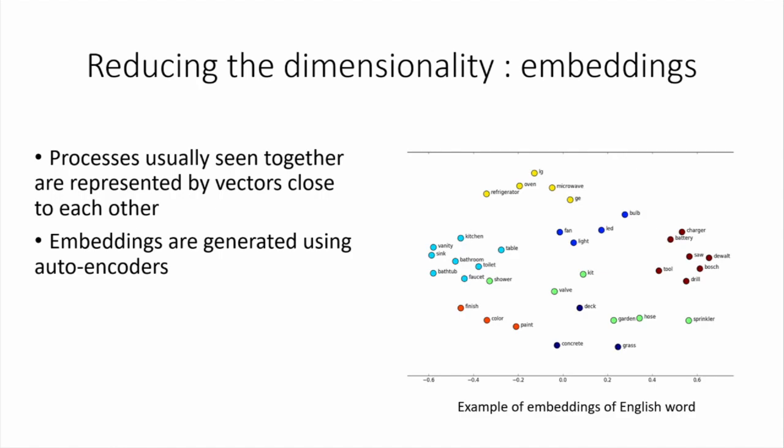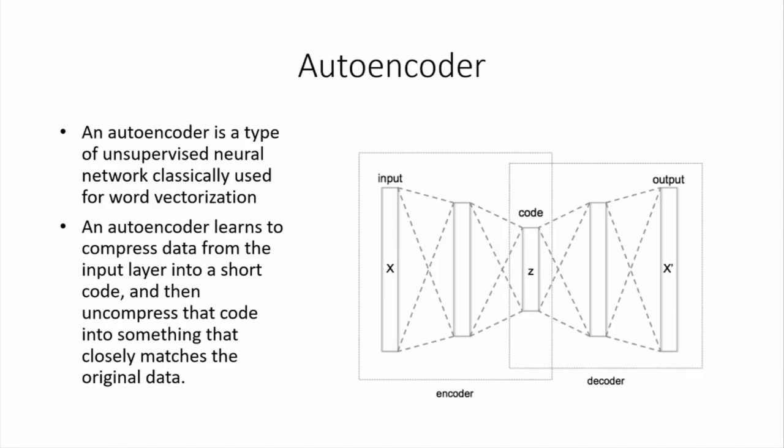And we want to create a mapping where each process will be mapped to a vector so that processes that are usually seen together will be represented by vectors close to each other. And for this, we use the model called autoencoder, which is well suited for this.